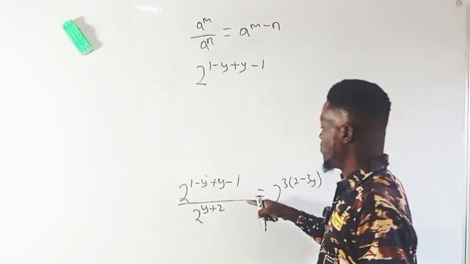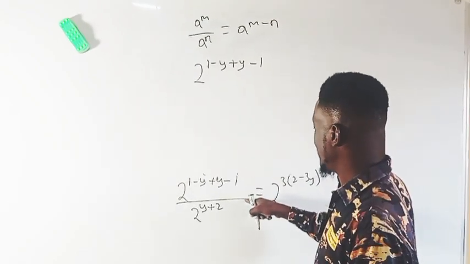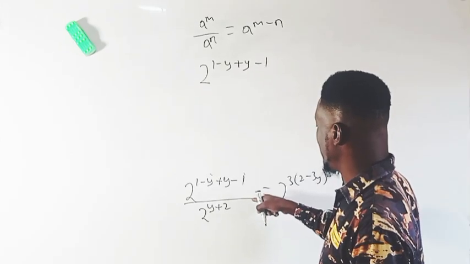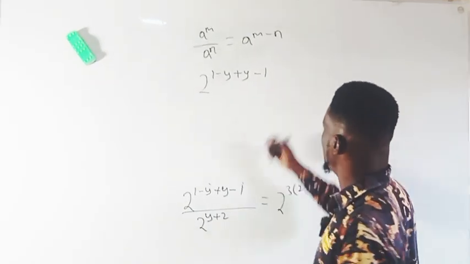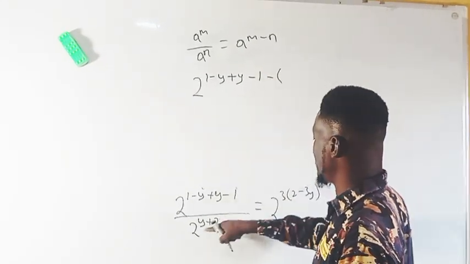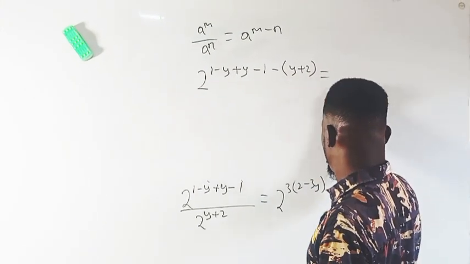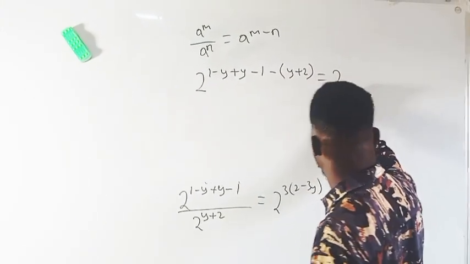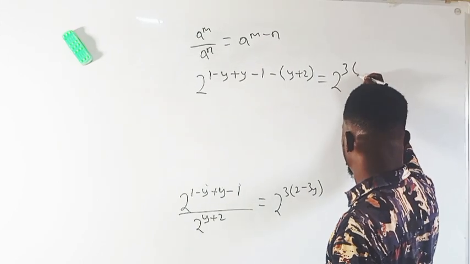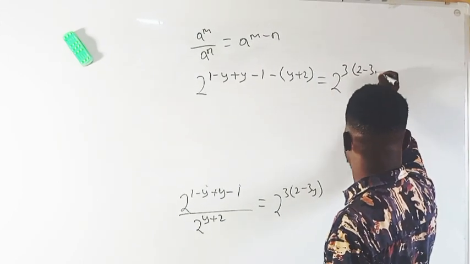This divide here becomes minus in our exponential equation. So this can be written as minus brackets, because there are two terms here, y plus 2, everything is equal to 2 raised to power 3 brackets 2 minus 3y.